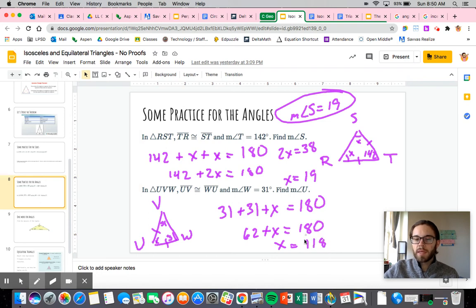All right, so because x is 118, the measure of angle U equals 118.